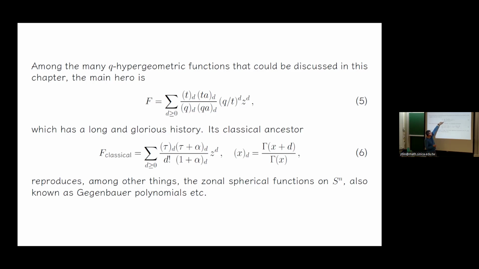Here the series is indexed by one integer d, and all terms in the series are either some powers of some variables raised to that power d, and the rest are some Pochhammer symbols in d. That could be more terms, could be more variables, but it's the general thing. It doesn't have to have the same number of Pochhammer symbols upstairs and downstairs.